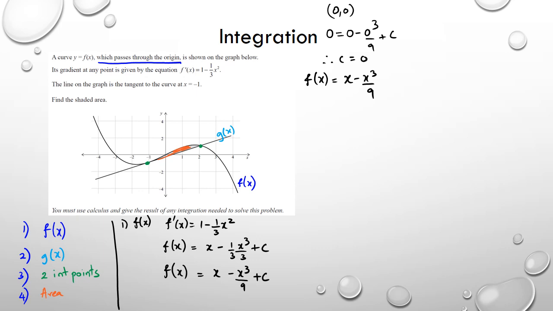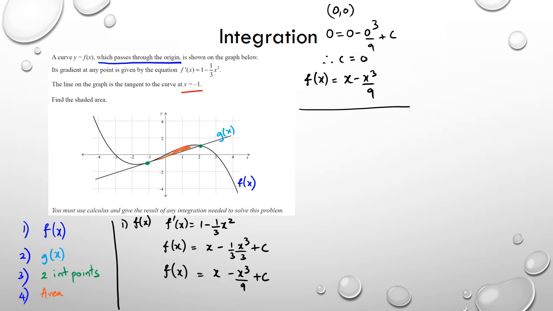The next thing I need to figure out is g of x, which is the tangent. The first part is done. To find the equation of the tangent, I need the gradient and an x and a y value. I'm going to work from the point they've given us, which is this here.